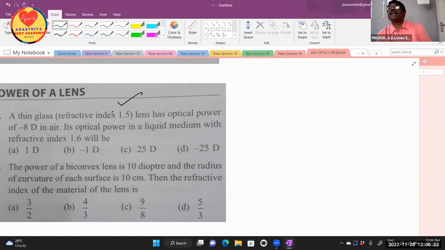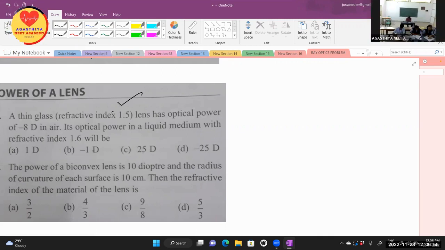What will be its optical power in a liquid medium with refractive index 1.6? First condition, a thin glass lens has the optical power, what is the value? Minus 8 D. Its optical power in the liquid, what would be the optical power when it is immersed in the liquid of refractive index 1.6?